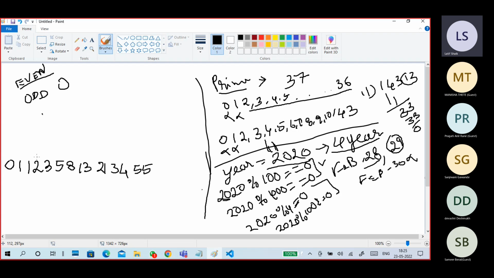Like this, every time it adds. These two are added and you get this one. These two are added, we get this one. Like this, we are getting.